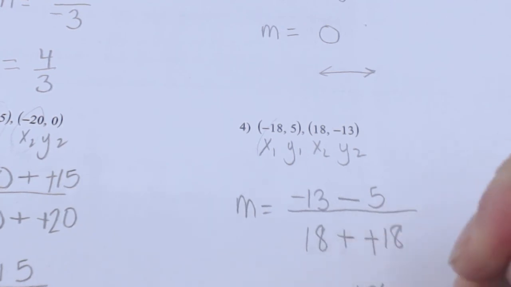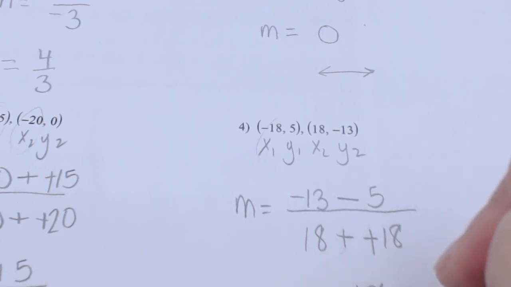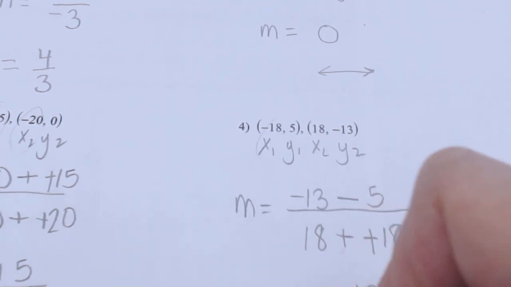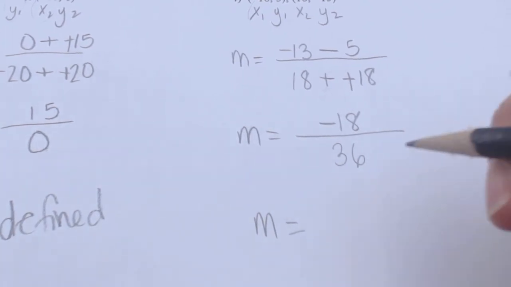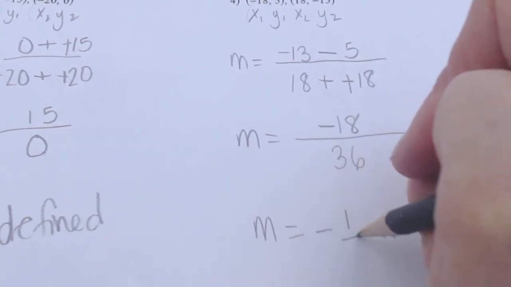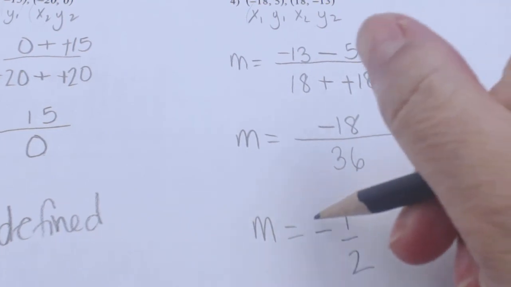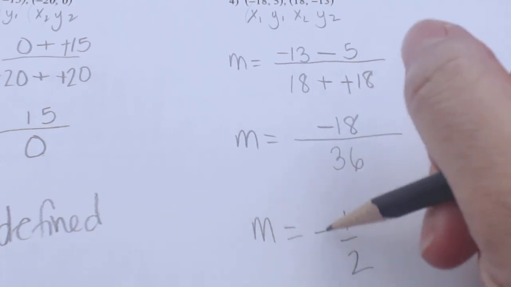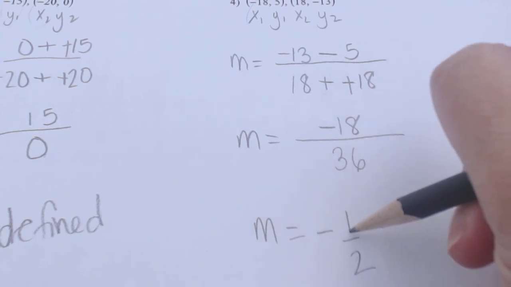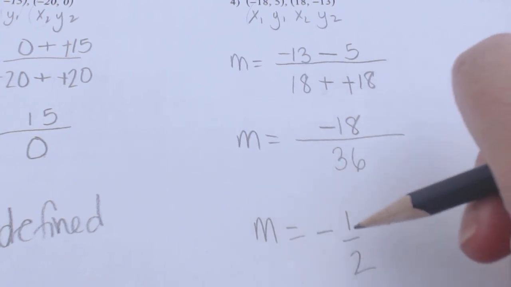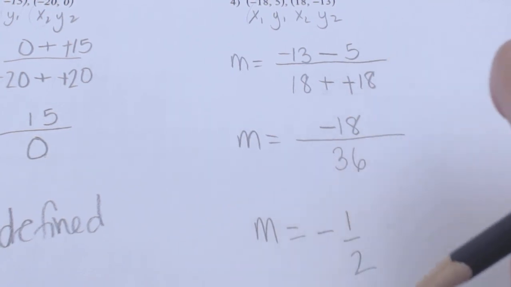Adding, because we have to add the opposite, here we're going to come out with 36. So our slope, we're going to have to reduce it, is going to come out to be, I believe, negative 1 over 2. This is negative, this is positive. Even if we divide it out, we would still have a negative. So this negative can go with the 1, or it can go with the 2, or it can go in front. But we only have one negative, so that stays as 1 negative.